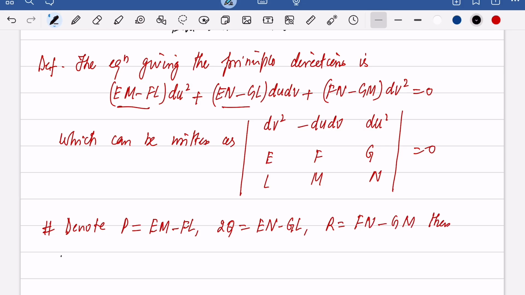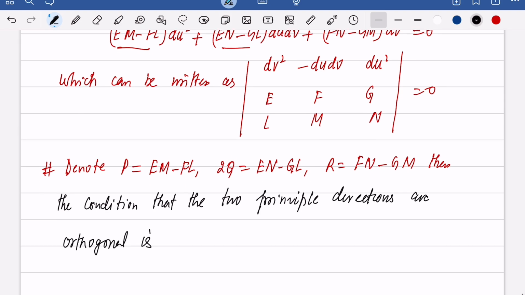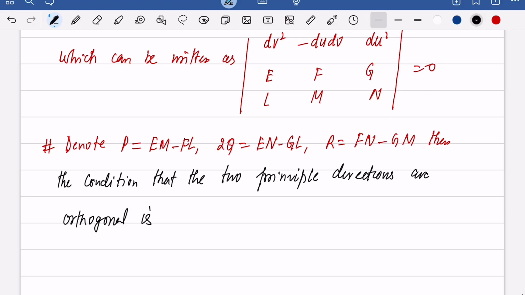Then the condition that the two principal directions are orthogonal is, now this is in terms of this P, Q, R and E, F, G, and here we mention an easy way to remember it. We write this equation as, first we write E, then F, then G. Then in the reverse order we write P, Q, R, then put 2 here, minus here, plus here, equal to 0.